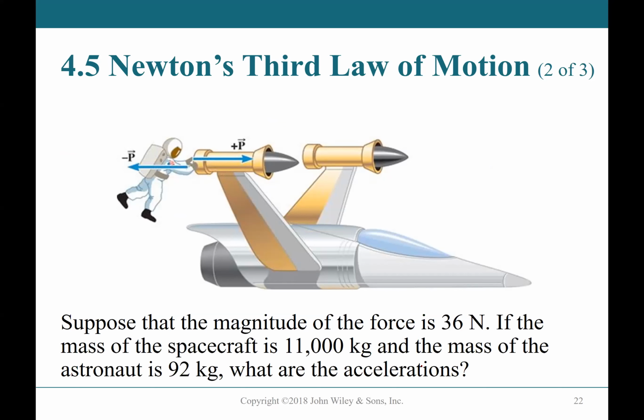So that means the acceleration for each one would be the net force divided by what? The mass of each one. So what are the accelerations? In other words, one's accelerating differently from the other because even though the force is equal, the masses are not.